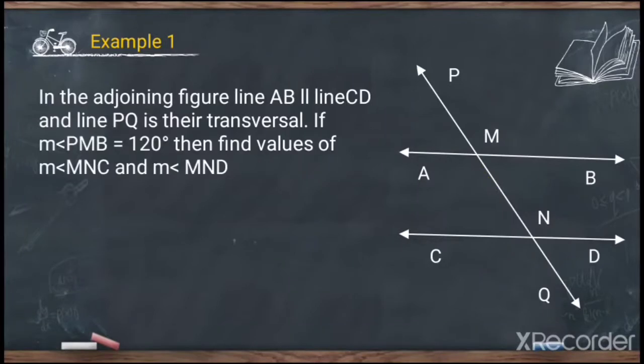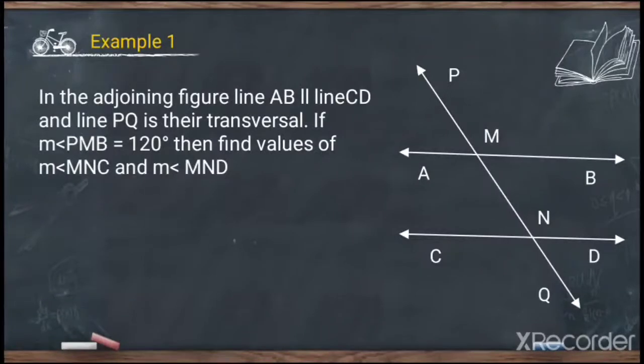This line PQ intersects both parallel lines at point M and point N. If the measure of angle PMB is 120 degrees, find the values of MNC and MND. Angle MNC is this one and angle MND is this one.